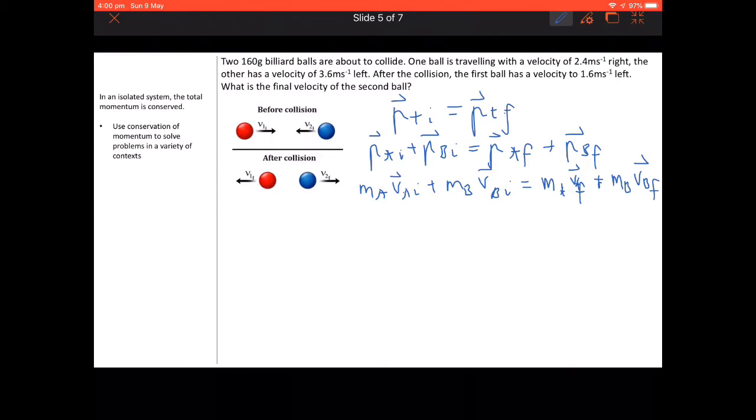We're just writing it out all in one equation. We are looking for what this is going to be, so the final velocity of B.